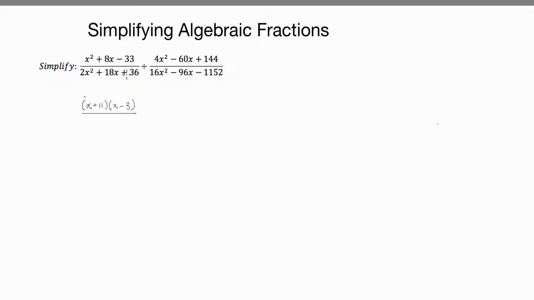Now this bottom one here is going to take two steps to factorise. The first step, we can see that all of the numbers are even, so we can take the 2 out as a factor. So what I'll do is I'll just do that over here. It's going to be 2 bracket x squared plus 9x plus 18.